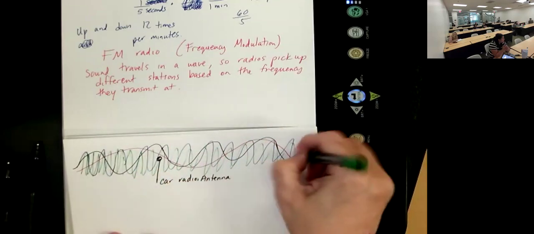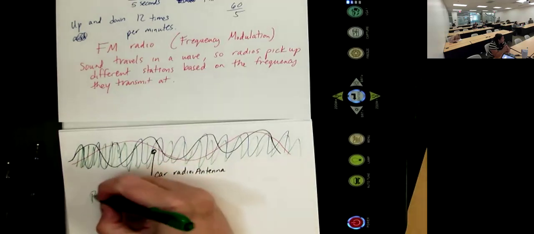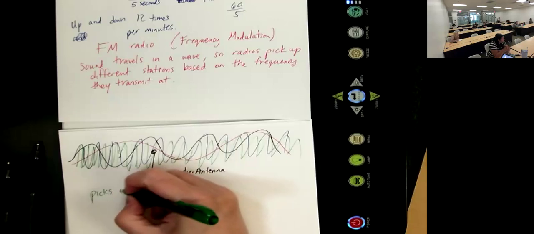And so what it does is it sets it so that it only picks up the frequency of one of these, ignores all the other frequencies, because all those radio waves are there all the time, and you don't have a bunch of mix-ups. So it picks out the one you're tuned to.